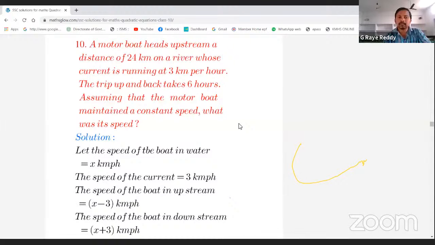Assuming that the motorboat maintained a constant speed, what was its speed? Here we need to find the motorboat speed. The stream has its own speed. What is the distance? Motorboat heads upstream a distance of 24 kilometers. Upstream 24 kilometers, downstream also 24 kilometers.